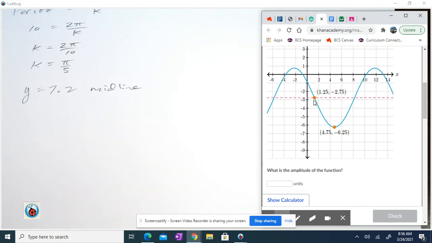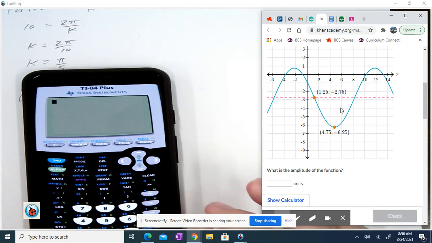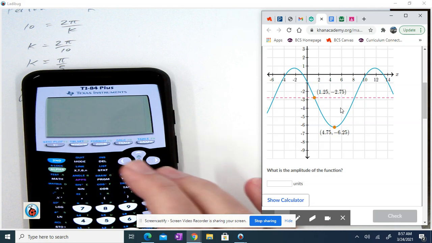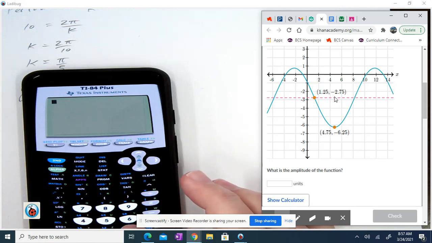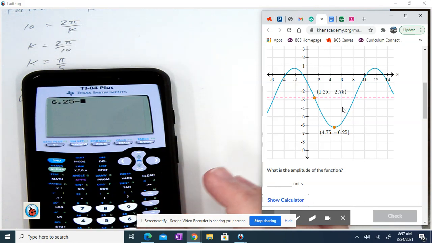Well, it's just the difference, the y value between 2.75 and 6.25. So you subtract those. And you can't subtract the wrong way. You just ignore the negative if you do, right? Actually, since I'm just looking for the absolute value, I could just use positive numbers. So I could do 6.25, even though they're negative, minus 2.75.